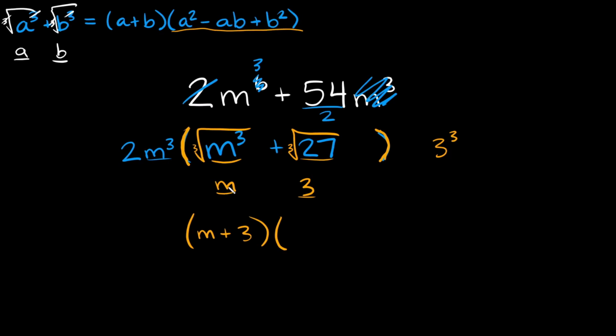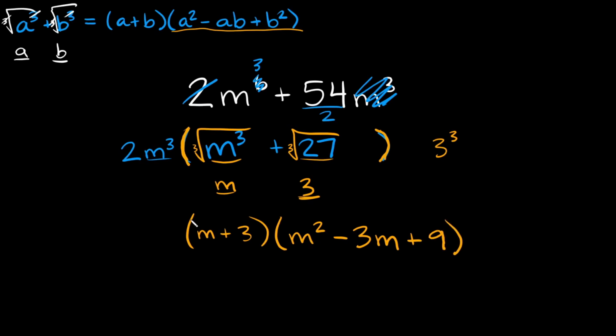So first of all, a squared is going to be m squared, right? And then it's going to be minus a times b, so m times 3, that's also equal to 3m, right? So we could write it like that, 3m. And then plus b squared, so plus 3 squared, okay? But if you notice something, 3 squared, that's the same thing as 9, right? So instead of leaving it as 3 squared, we can simplify that to just 9.